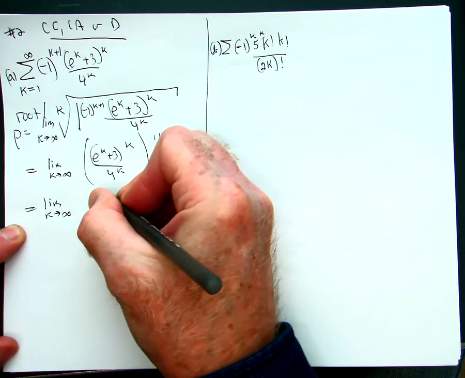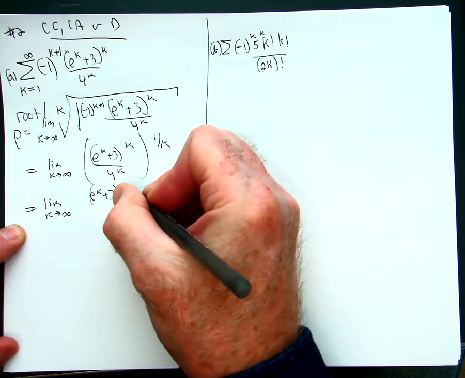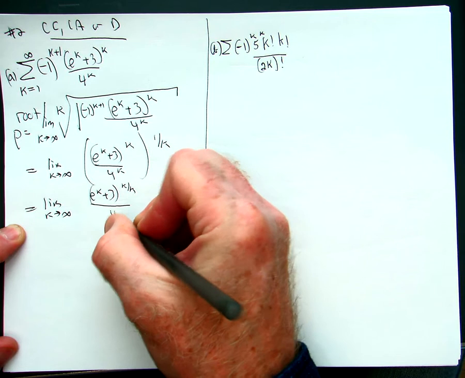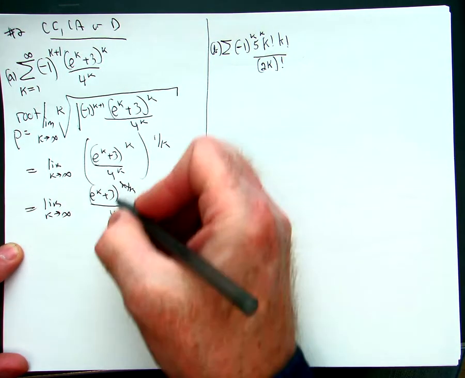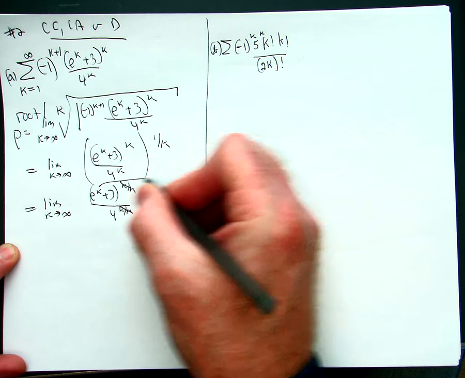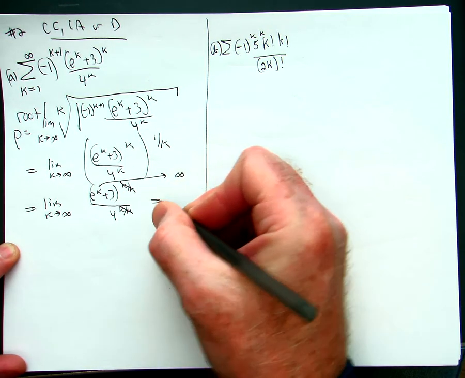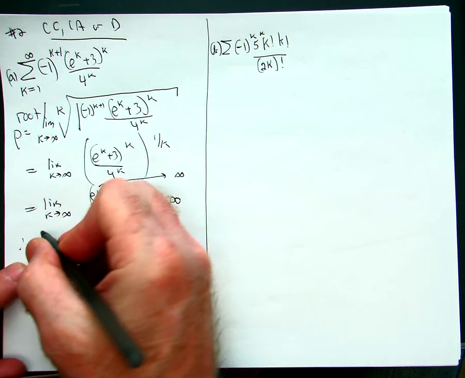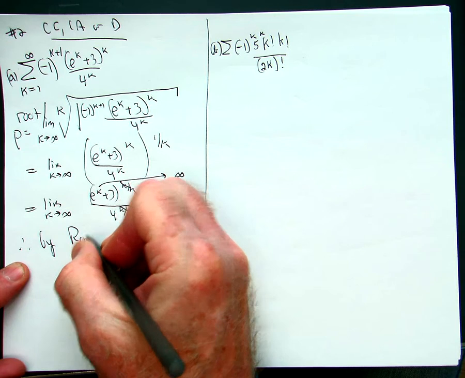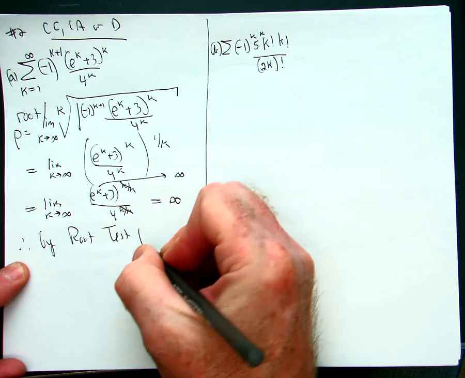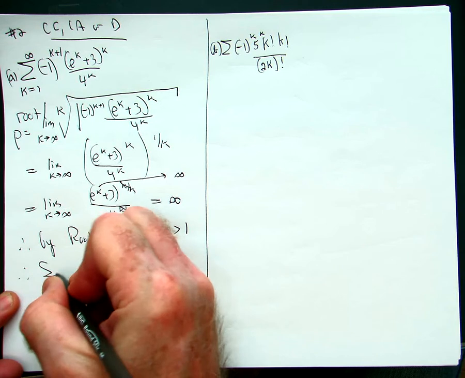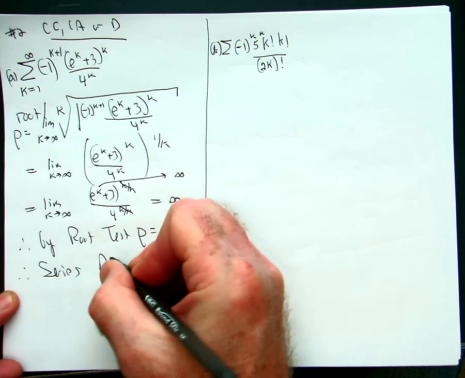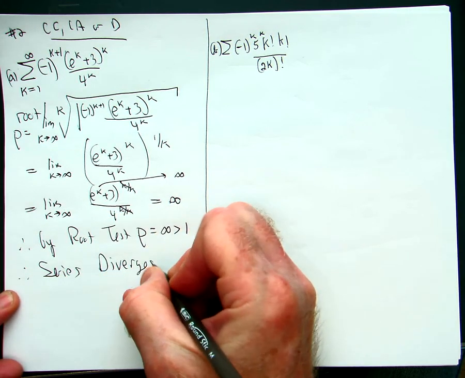We get e to the k plus 3 over k to the k, which is 1 over 4 to the k over k. Cancel. And this is going to go to infinity. So this limit is equal to infinity. Therefore, by the root test, rho is equal to infinity, which is greater than 1. Therefore, the series diverges. Okay, to me, that's the simplest way to answer it.